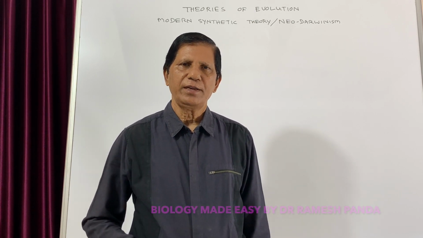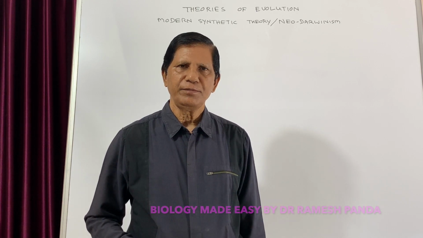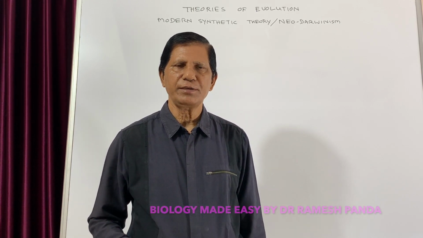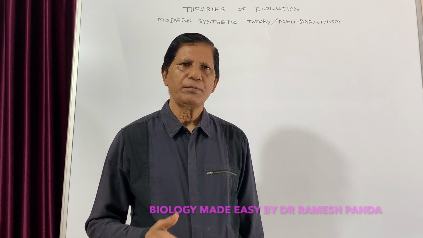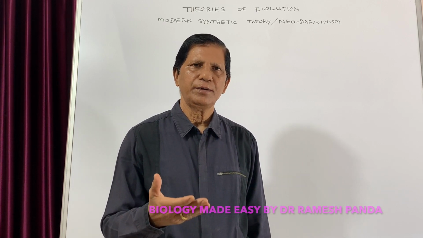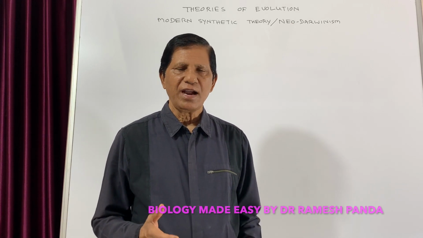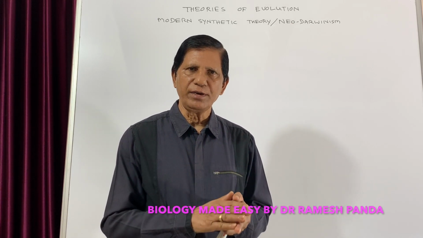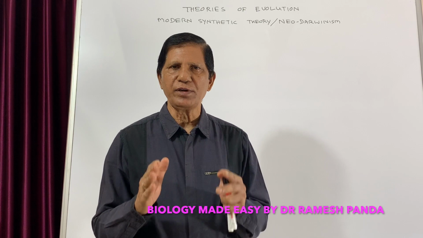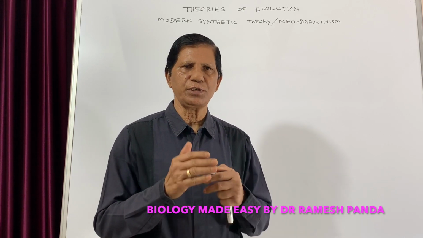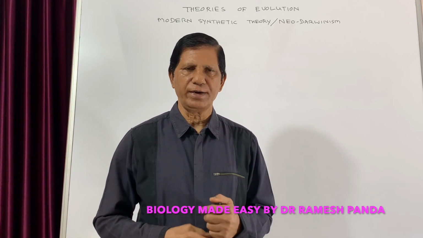We have discussed earlier the theories of Lamarckism, then Darwinism, and also the mutation theory by De Vries. But after the theory of Charles Darwin and the Hugo De Vries theory of mutation, there was a lot of controversy about which is more correct.